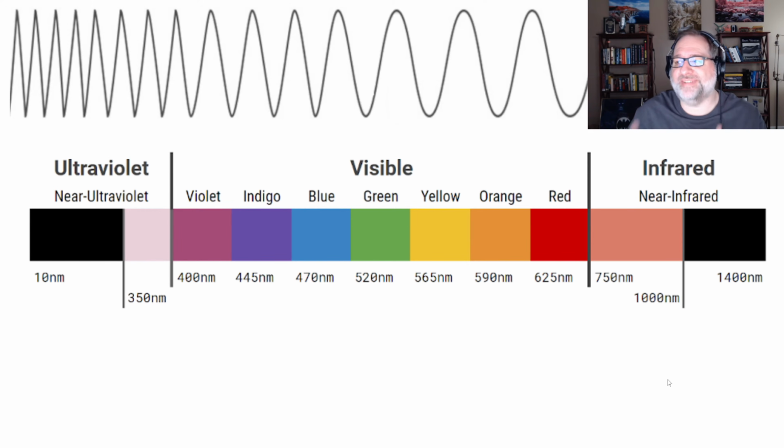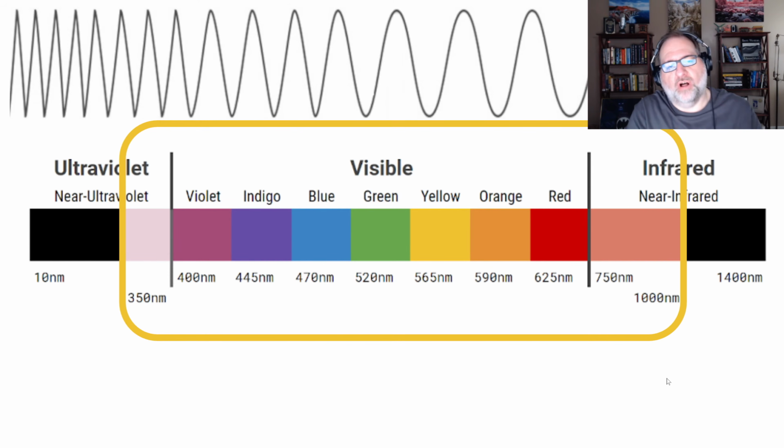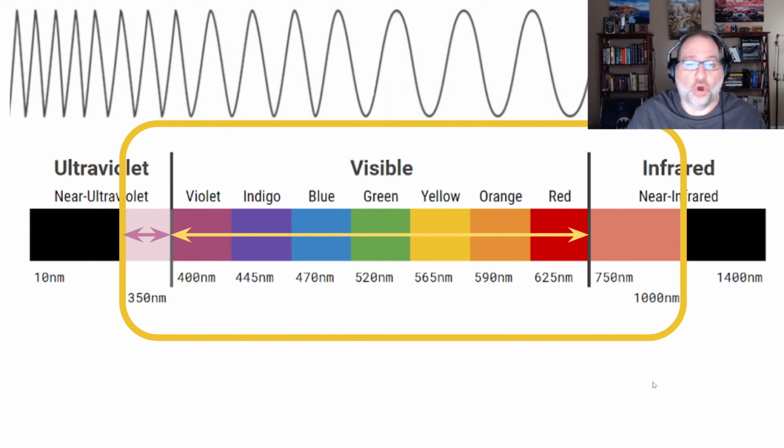Now, digital sensors actually capture from a broader spectrum that runs all the way from 350 nanometers to 1,000 nanometers. So this includes some near ultraviolet light, all of visible light, and a little bit of near infrared light.